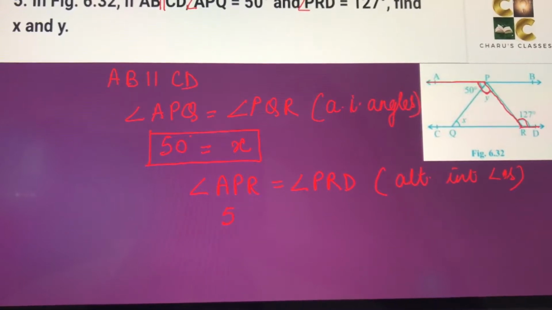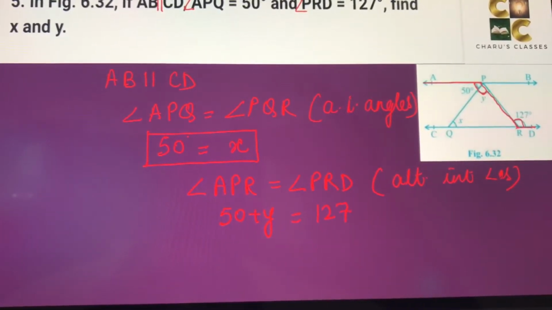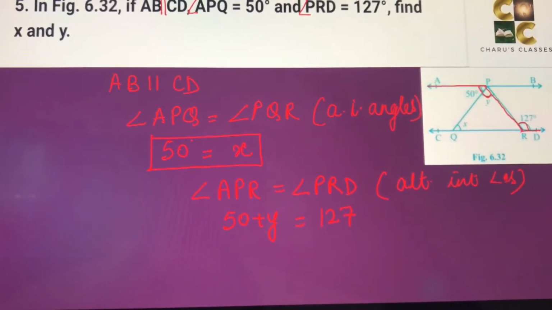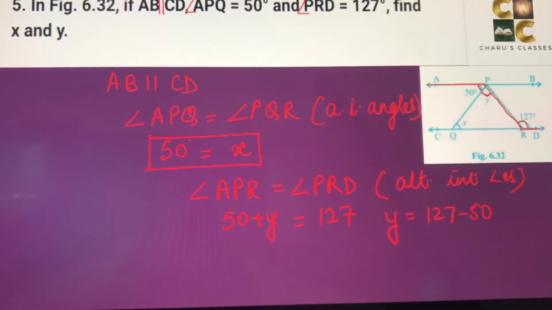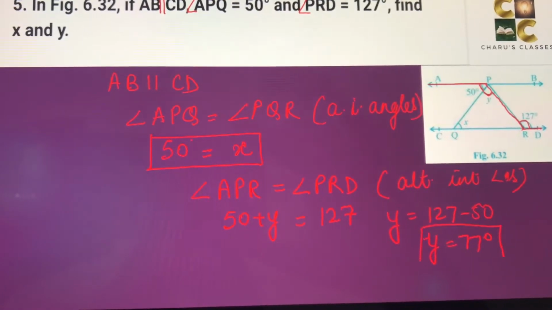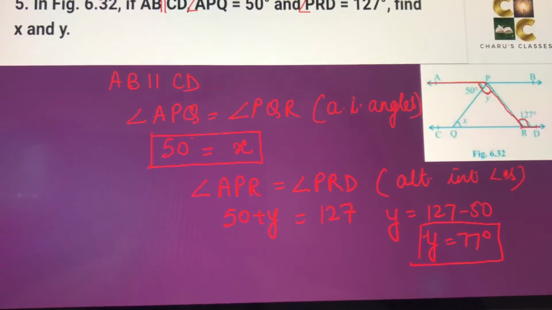Now angle APR can be written as 50 plus Y and angle PRD is given as 127 degrees. So that will mean that Y is equal to 127 minus 50, which is equal to 77 degrees. So our X is 50 degrees and Y is 77 degrees.